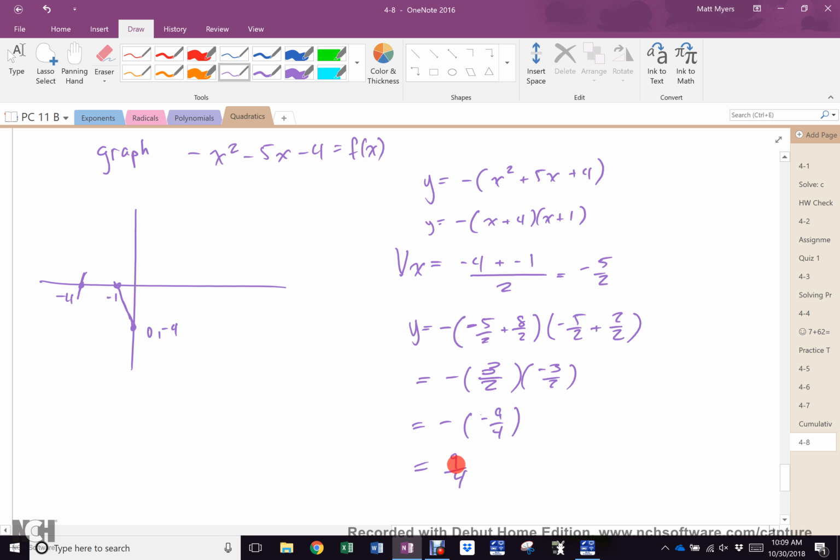So my vertex now lives at negative 5 halves and positive 9 fourths, which is a little bit more than 2 and 2.5, correct? So right in the middle, a little bit more than 2. There's my drawing. Is everybody good from standard form? Everybody? Are we ready to try another one?